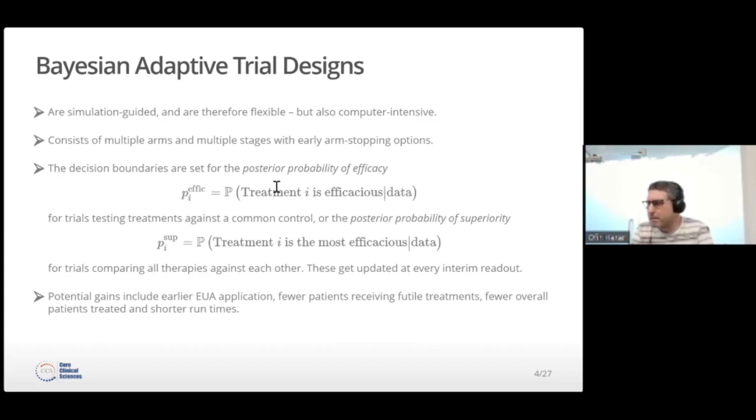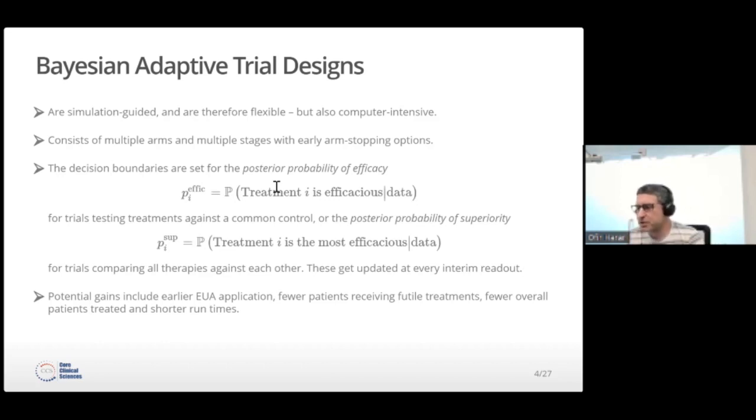So once in a while we test a bunch of active treatments versus a common control, but we may also test a bunch of active treatments against each other and try to pinpoint the best one among them, in which case we'll be using the posterior probability of superiority, that is the posterior probability, given the data, that each of the particular treatments is better than all the others.